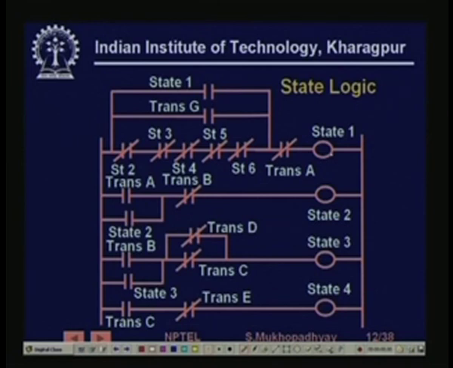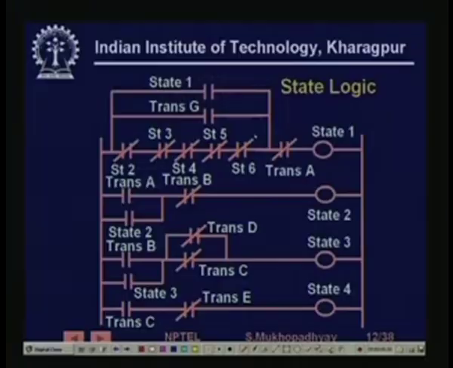So the computation came from the transition logic to the state logic. It found that state 1 is on, and it found that transition A is on, because the transition logic has already been evaluated and found to be true. Therefore this auxiliary contact will be closed, and so now state 2 will be on.